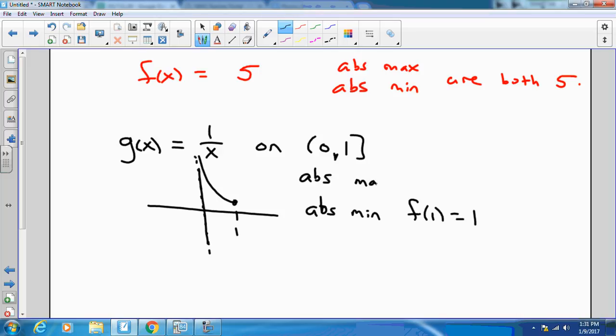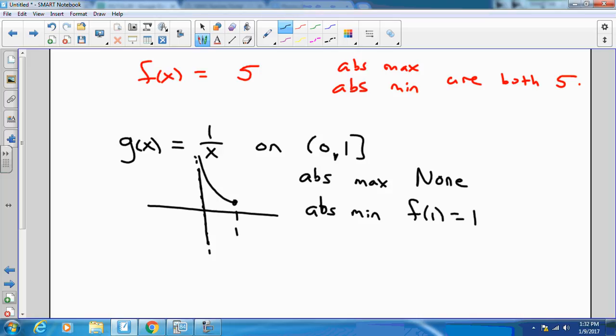What about the absolute maximum value? That's not a value. There is no absolute maximum value. If you give me any real number whatsoever and say, oh, that's the largest value, I can find an x close enough to 0 so that f of x is bigger than that value. We say that f is unbounded.